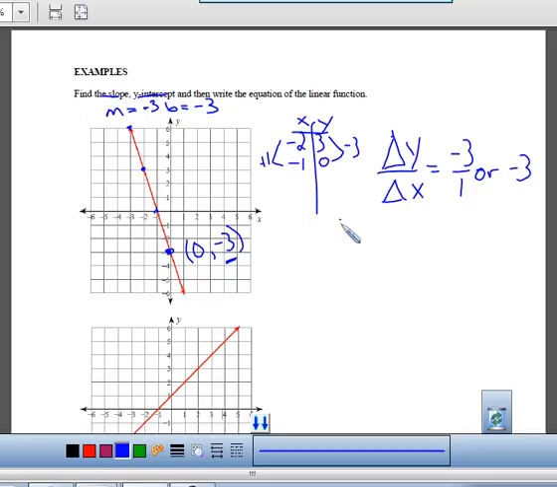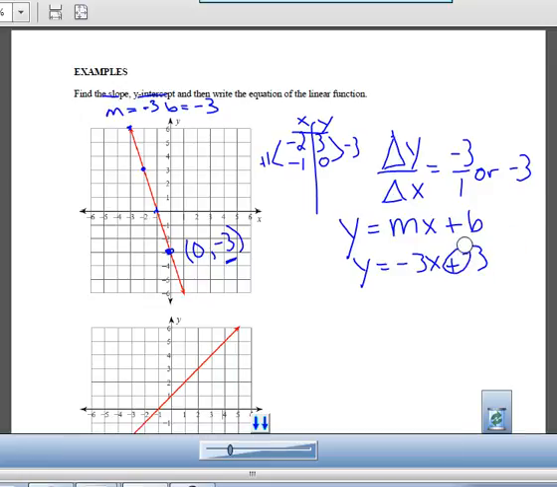So my slope-intercept form is y equals mx plus b. I have m, which is negative 3. I have b, which is negative 3. So I have y equals negative 3x. Now, you can still do plus and then write negative 3. But remember, adding a negative is really just like subtracting.